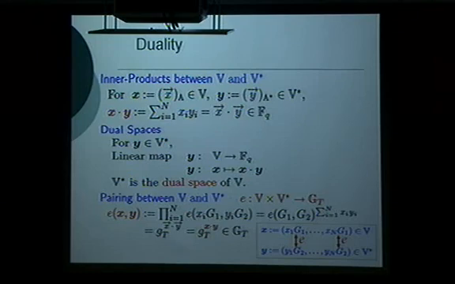Firstly, each element is expressed like this, and to define the pairing between X and Y, we calculate the pairing component-wise. Then we multiply them. The product of the component-wise pairings is the definition of the pairing.